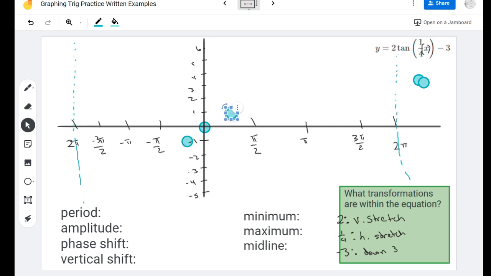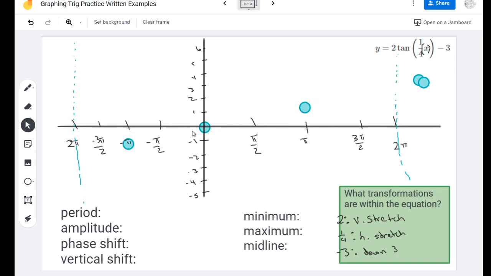This one is normally at pi over 4. If I do that 4 times as much, pi over 4 times 4 is pi. This one's at negative pi over 4, so it'll go to negative pi. So there's our horizontal stretch.